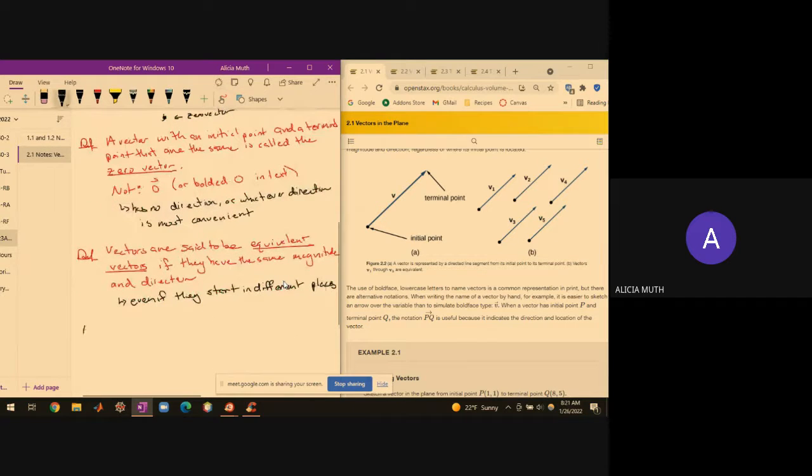So just a comment about notation. Vector v is equal to PQ if v has initial point P and terminal point Q. All right, so we've gotten our vocabulary down. Let's take a look at an example.